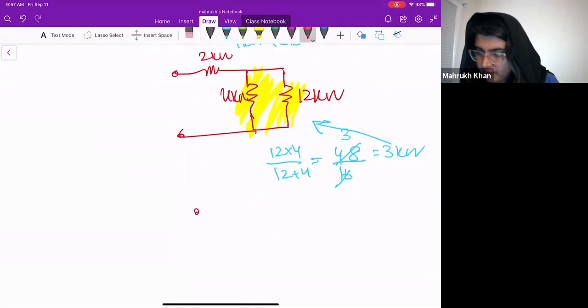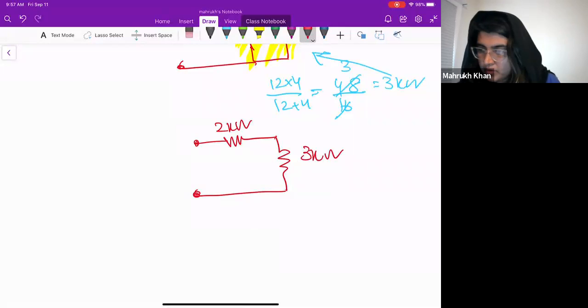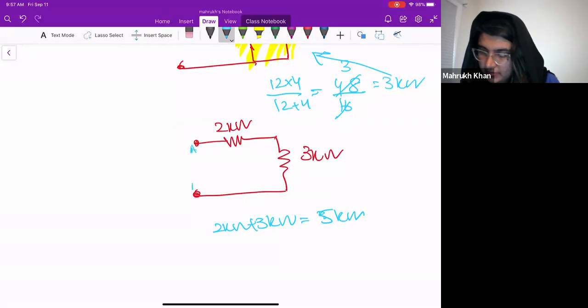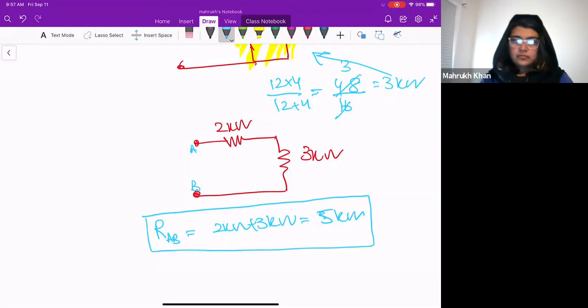And if I draw the final circuit, it would be right. So as we know that this is AB, so this is R_AB, which is equal to 5 kilo ohms. So is it clear?